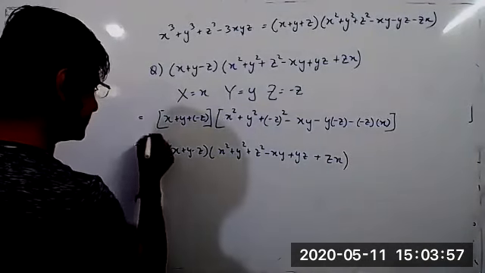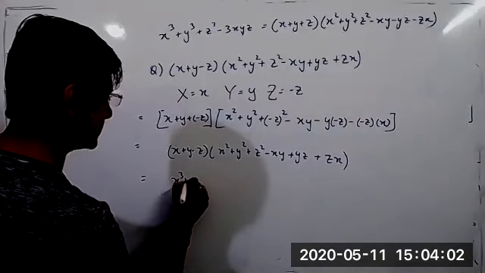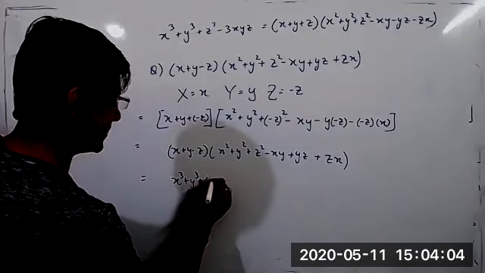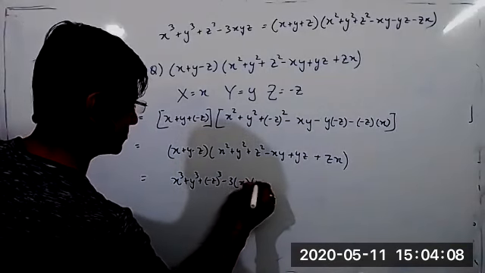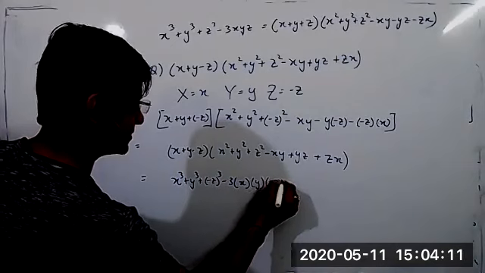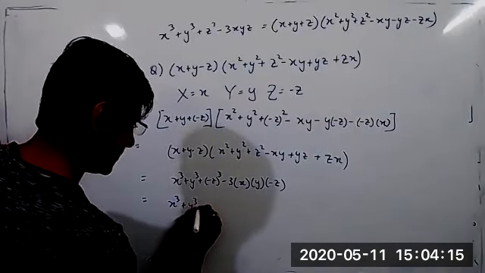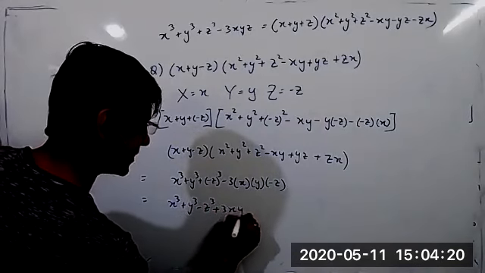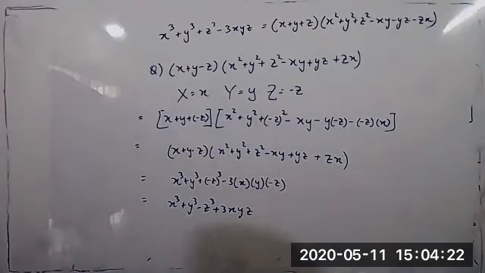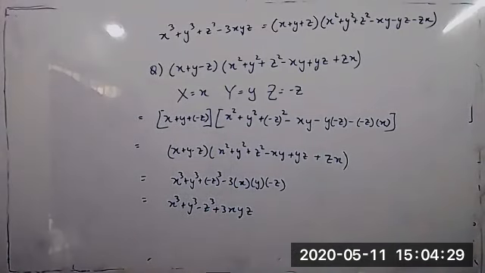Then we can write it as x cube plus y cube plus minus z cube minus 3 into x into y into minus z, which is x cube plus y cube minus z cube plus 3xyz, right? Please everyone write it or check where you have made a mistake.